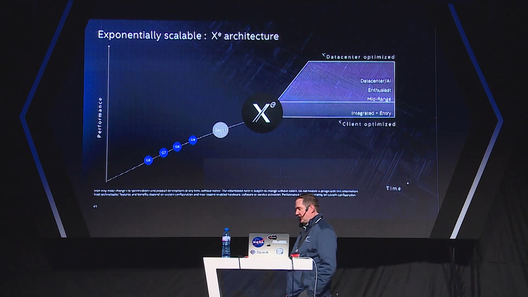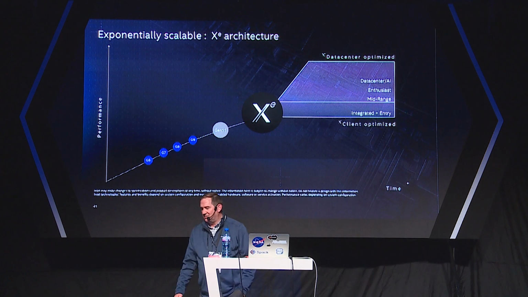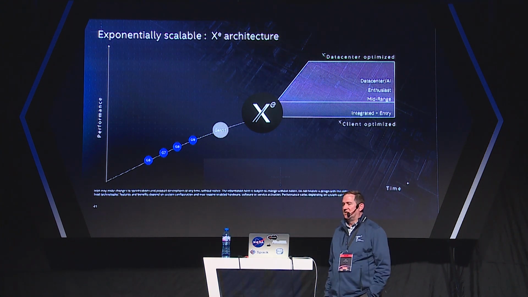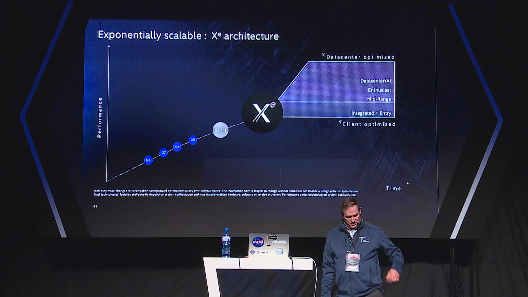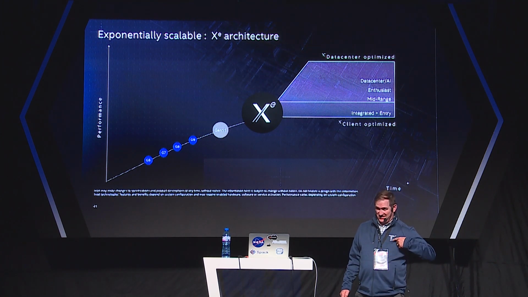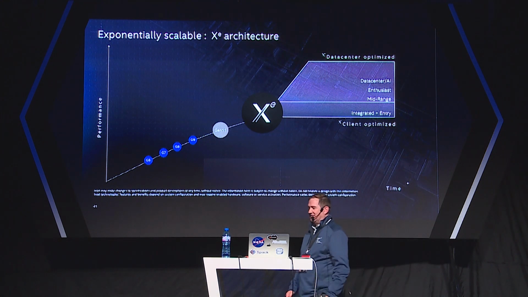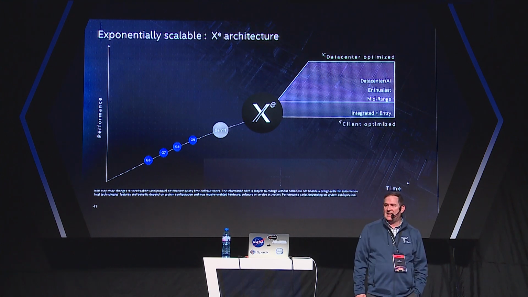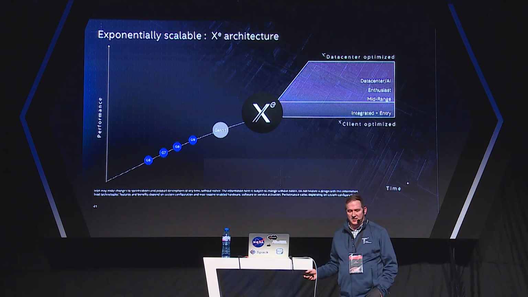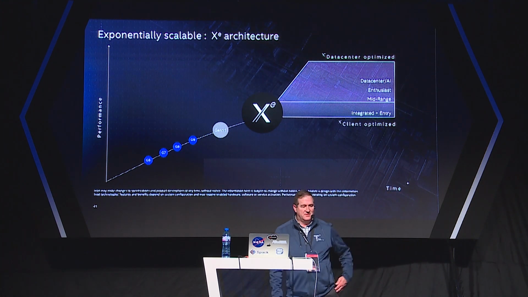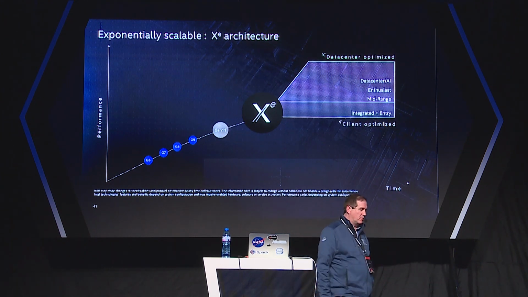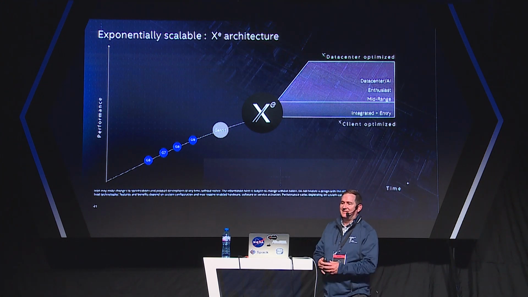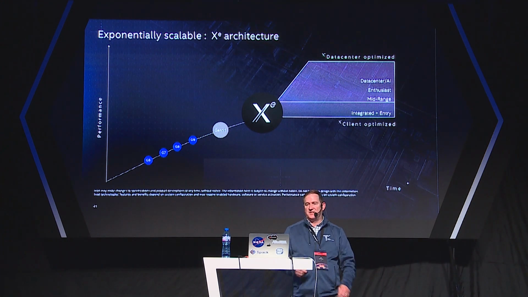How we're going to do this, I mentioned the XE architecture, X to the E architecture. You'll hear us use both of those. So X to the E is exponential. If you come up to me, you'll see this says Think Exponential on here. And so we're looking at creating capabilities across our processing elements to dramatically move the industry forward as we come out with new discrete Intel GPUs over the next several years.